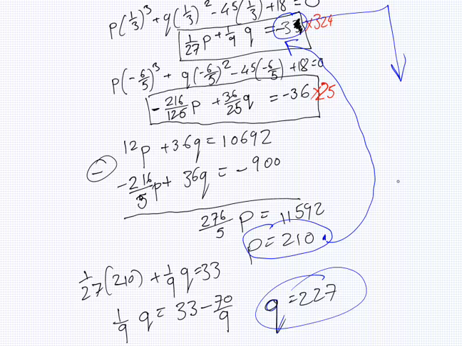So x is 1 over 3, so I get this equation. But it should equal 0 because it's a factor. And then the other one, minus 6 over 5. That equals 0.